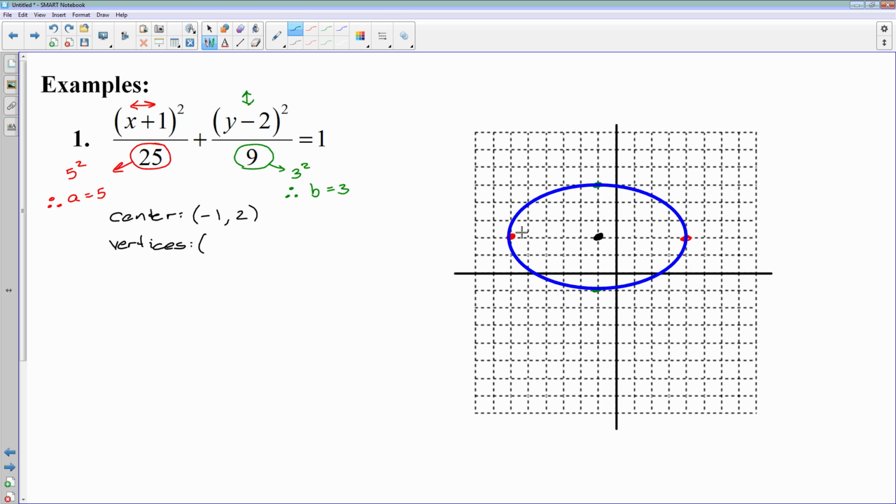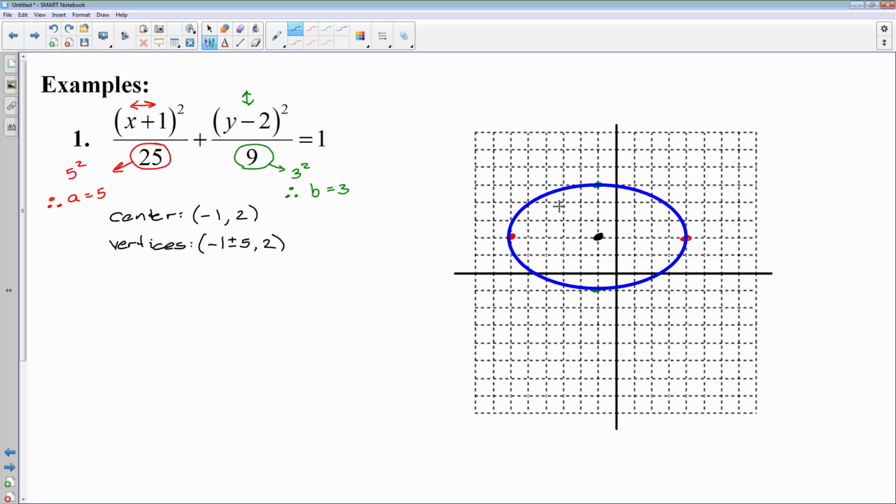If you move left and right, that changes the x coordinate. So -1, and then I went left 5 and I went right 5. So I'm going to do plus and minus 5 units from -1. Okay, that's actually going to get me both my far left and my far right. I start at -1, I go left 5, there's the -6, then I go right 5, there's the 4.